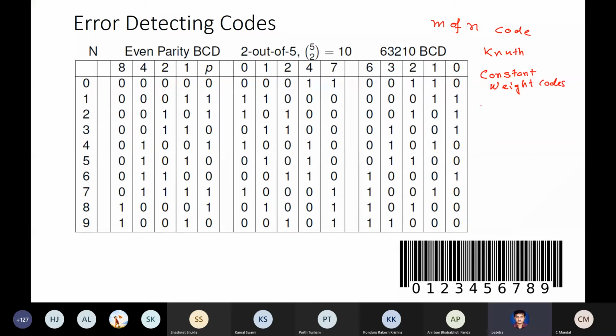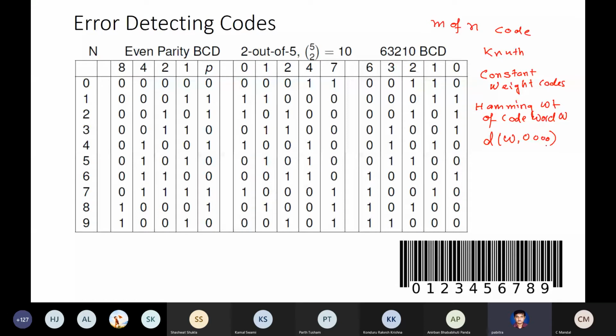The idea is that the Hamming weight of a code word W is nothing but the Hamming distance between W and an all zero code word of the same length as W, which basically means the number of ones in W. So this is called the Hamming weight of a code.